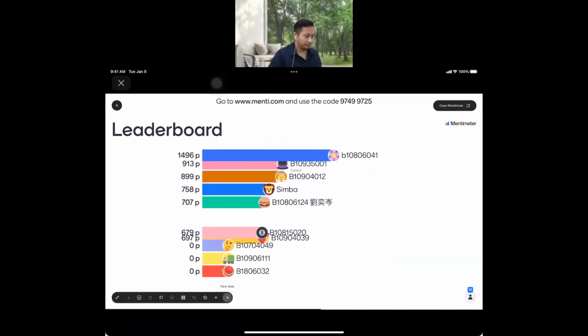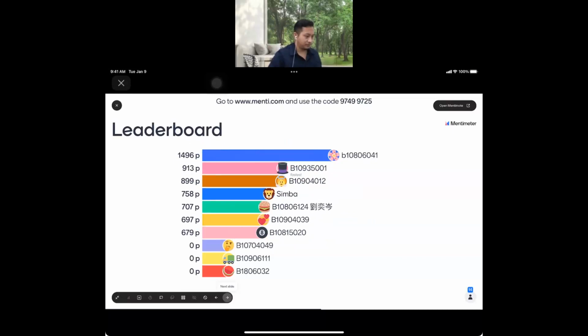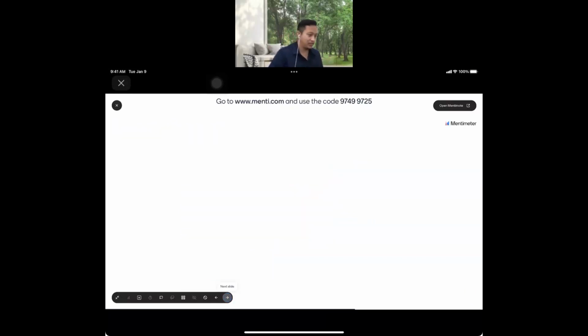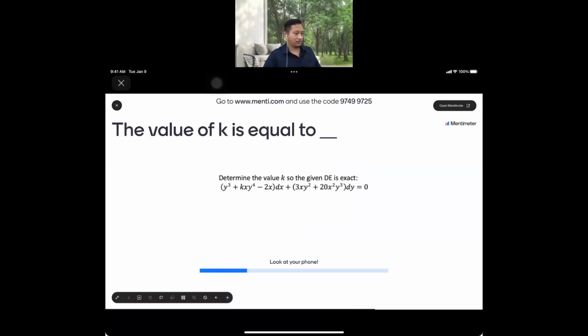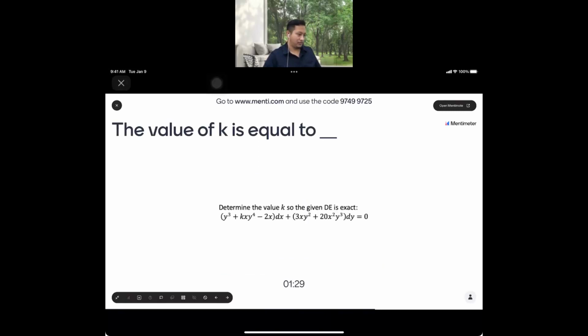I hope you still remember how to find the exactness of the equation. The one who is Simba, you can change your name to your student ID. I think this is the last one.